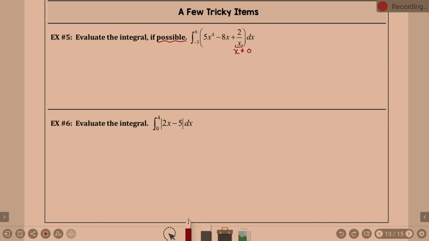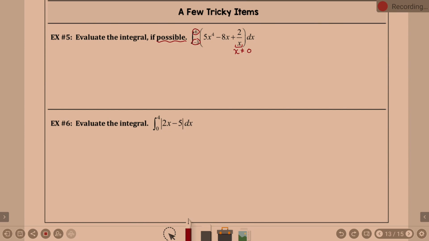What do you notice about these boundaries? 0 is in between. So on the -3 to 6 interval, the 2 to the x term doesn't exist. It exists from -3 to 0 and 0 to 6, but it doesn't exist the whole time. So the integral cannot be evaluated as is. The big thing is because it's not continuous on that interval.